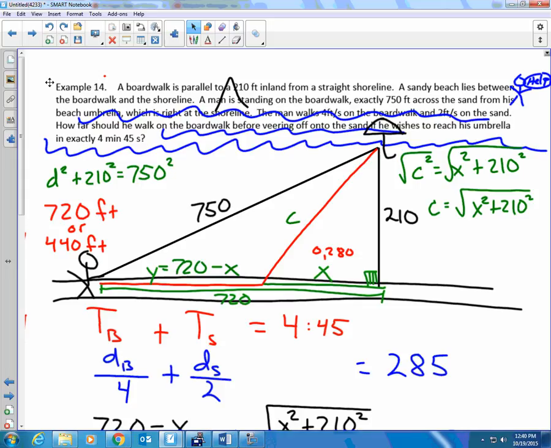It's an example problem in your book from section 1.6. It lays out step by step how to do it. So you can look at problem 21 and try it on your own. If you don't get it, you can check the book and see exactly how they do it, or you can come check my answer key up here because I've done the entire problem for you as well.